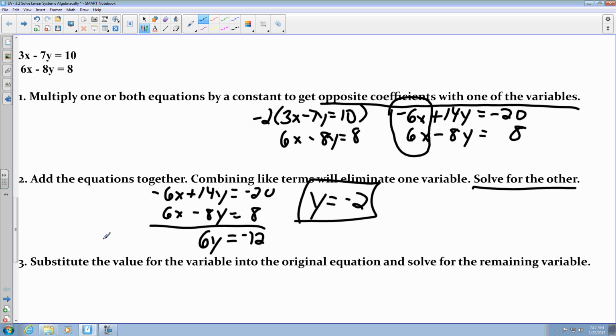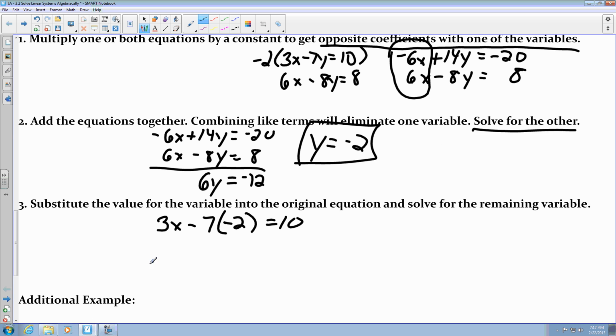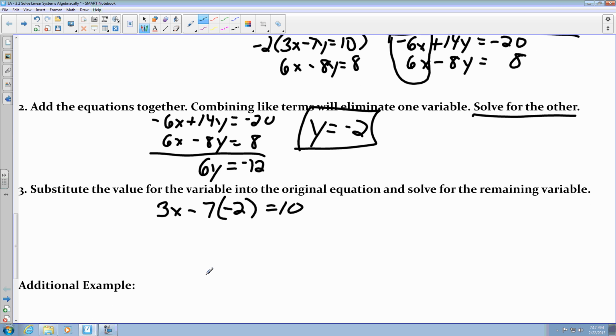So let's just use 3x minus 7y equals 10. Since y is negative 2, I'm just going to plug it in. So from here, I got 3x minus 7 times negative 2, which gives me a plus 14, equals 10.